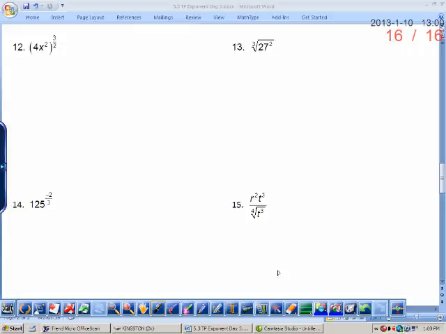Okay, 4x squared all raised to the 3/2 power. Couple different ways we could approach this. Ideas.